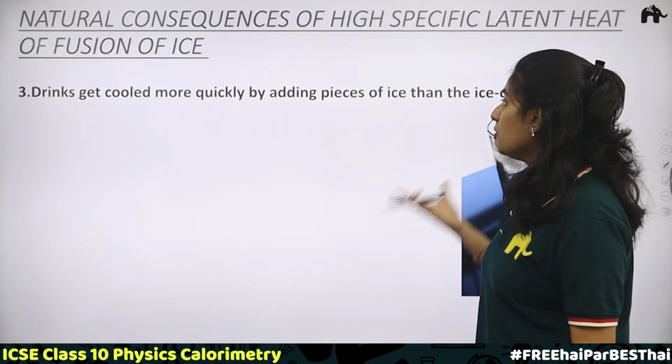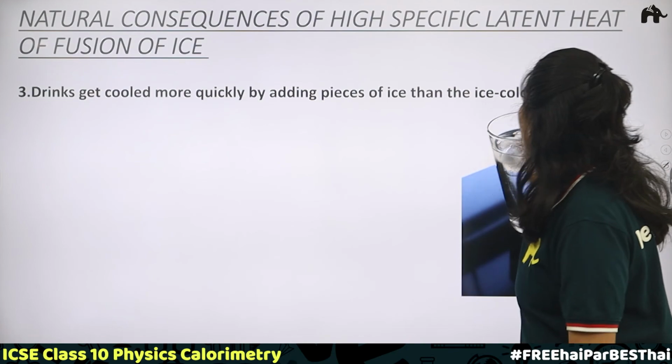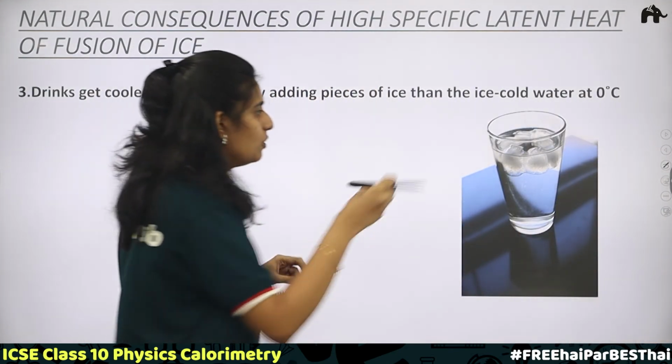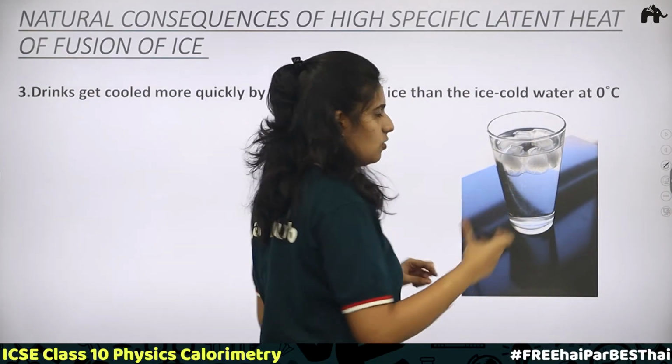Drinks get cooled more quickly by adding pieces of ice than ice cold water at 0 degrees Celsius. You have seen in the case of juice, you add ice instead of ice cold water. What is the reason?